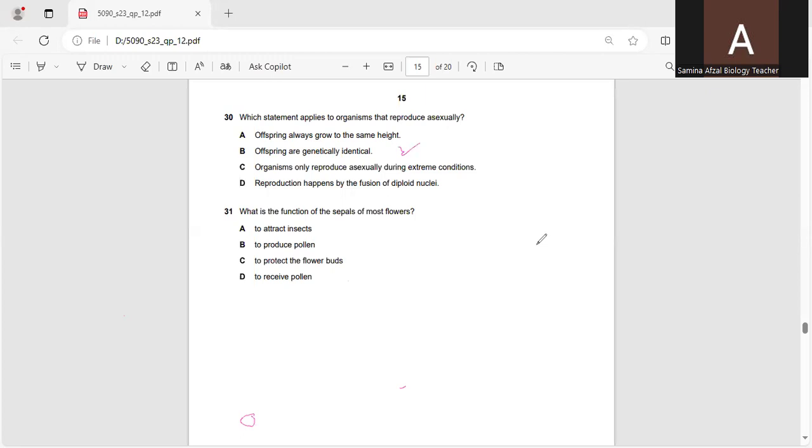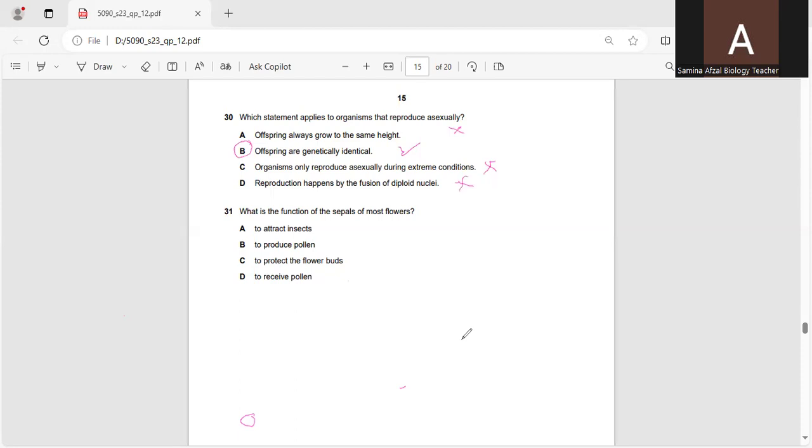Organisms only reproduce asexually during extreme conditions. Reproduction happens by the fusion of diploid nuclei. Yes, B option is correct, because as a result of asexual reproduction, the offsprings are genetically identical to their parents and genetically identical with one another.